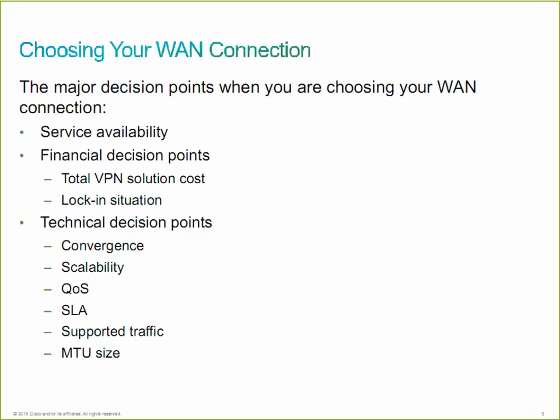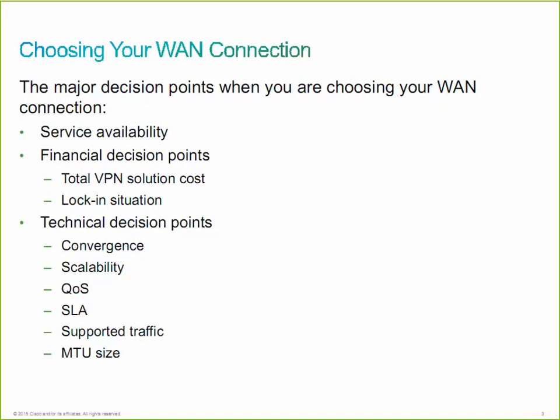It's much easier to change the provider if you're doing some sort of layer 2 VPN, because over the transport is basically a switch. It's a layer 2 transport as opposed to a layer 3 transport. So whenever you can control the routing yourself and you're not reliant on the provider to provide that routing function, it gives you a lot more flexibility and a lot more control.